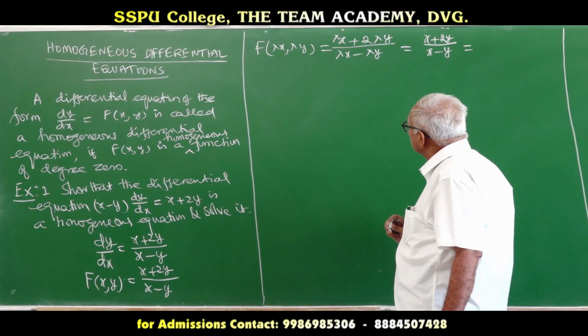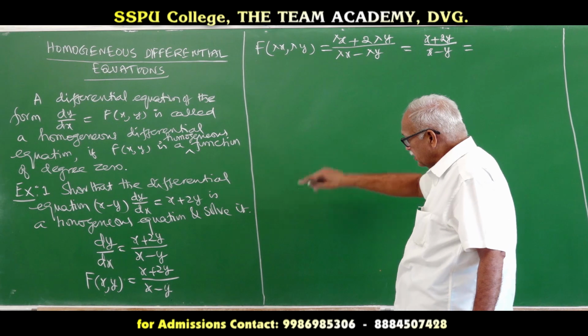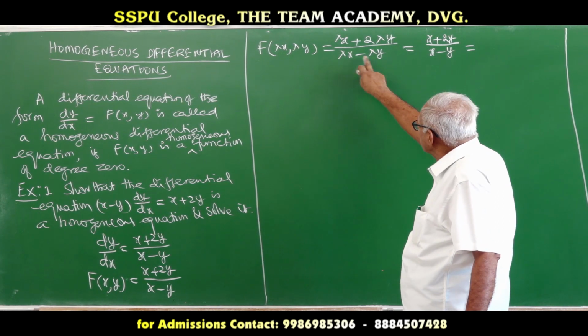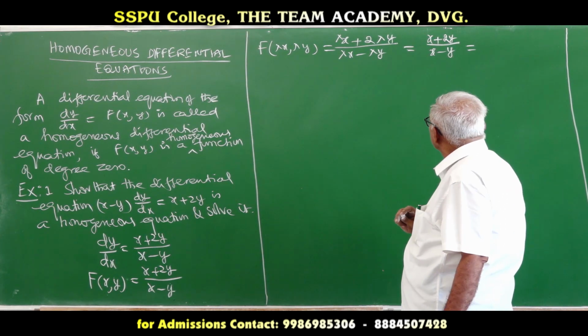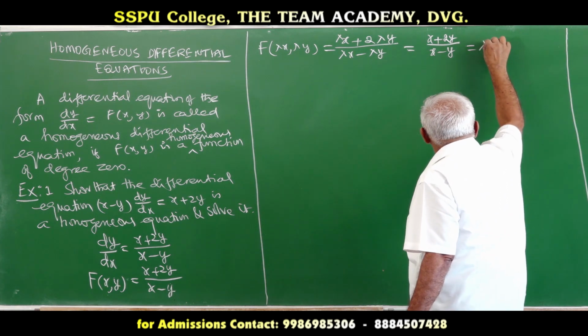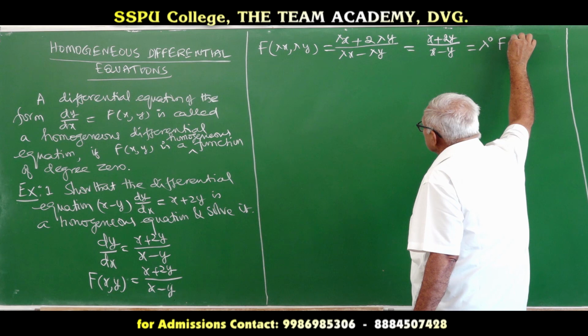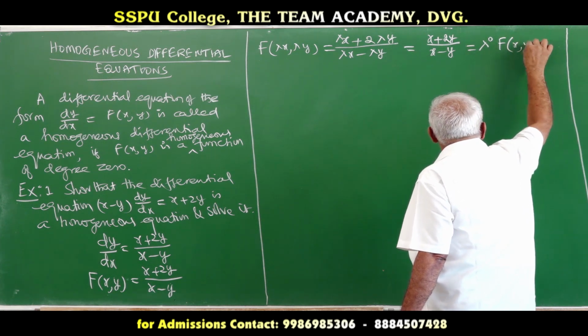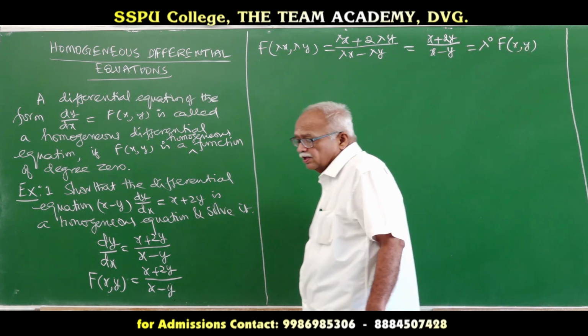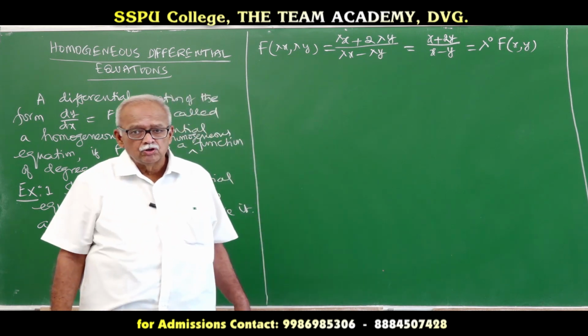If you take lambda out, lambda gets cancelled. So, it is lambda power 0 into f of x comma y. So, f of x comma y is a homogeneous function.